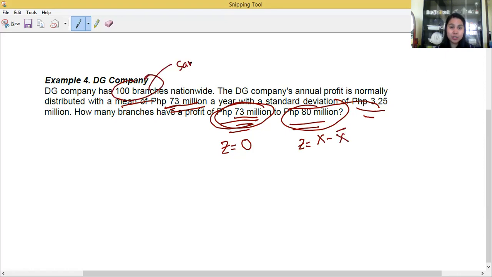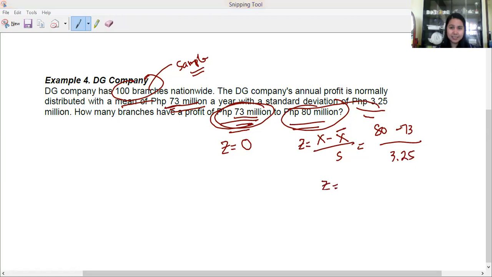So it's only the sample for them. Minus s. That is x, 80 million. I'll just place 80, okay? Minus 73 all over 3.25. The z-score for 80 million is 2.15.